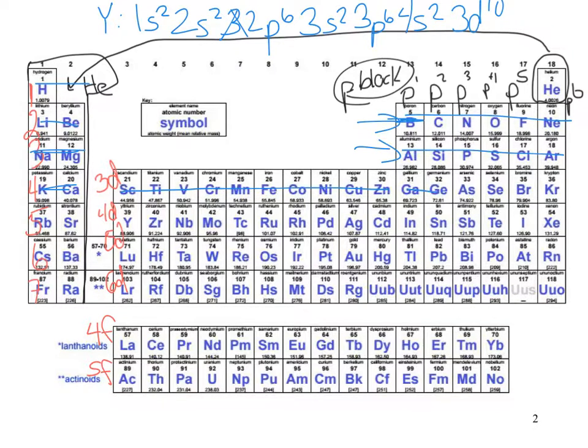Now I'm over in gallium to krypton, so I've got 4P6, and just make sure you always remember the P block is always in the same energy level as the S block, so the P and the S are the same. Alright, and then I go into the 5th level, so again I'm going to sneak it down here, 5S2. Alright, and then yttrium is my first element right there, so I have 4D1.